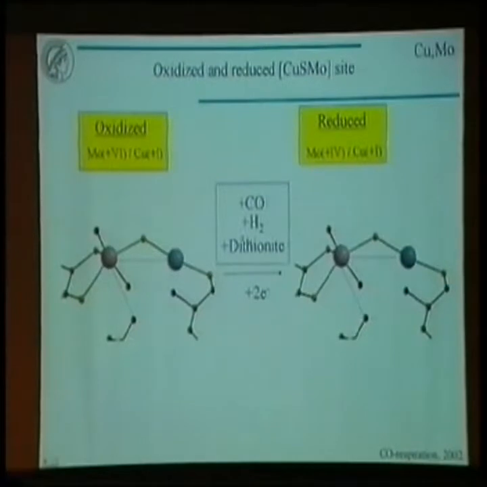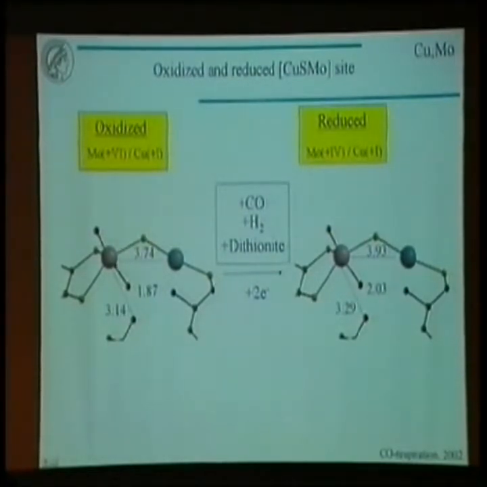And then we can reduce it simply using an excess of CO. We mix in hydrogen, we mix in diisocyanate, a chemical reductant, simply to get 100% reduced state of the enzyme. Then we have molybdenum 4 and copper 1. How does that look like? And how does it compare?